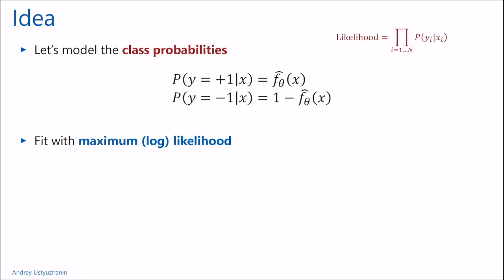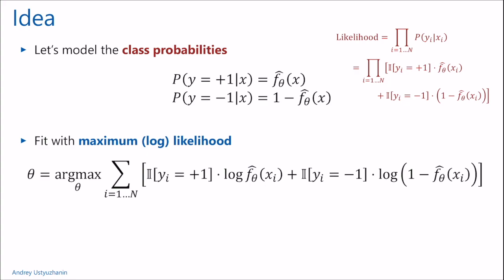So likelihood is a multiplication of all probabilities in our dataset being selected correctly. So we can write it in the following way. Or if we want to maximize the likelihood, we just put this thing into the argmax function.